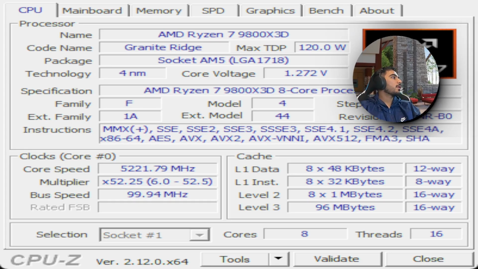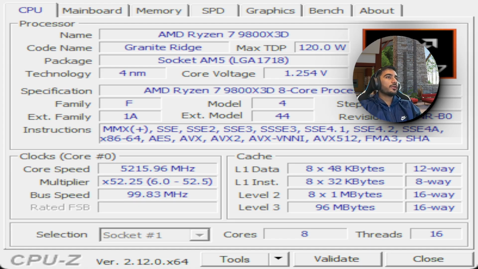Perfect. All right. So if you see the L1 cache, it is 8 x 48 kilobytes, 12-way, with data and instructions. Then the level 2 cache is 8 x 1 megabytes. And the level 3 cache on my CPU, sorry, level 3 is 96 MB.